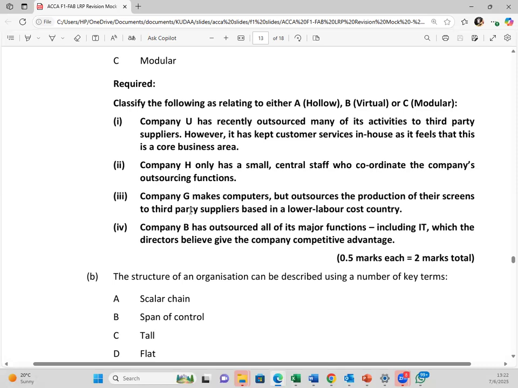Then we have company B, which has outsourced all of its major functions, including IT, which the directors believe gives the company competitive advantage. Which one is this?